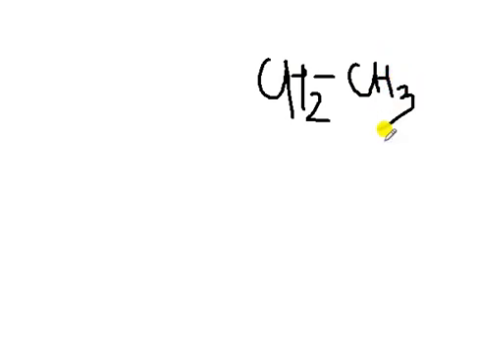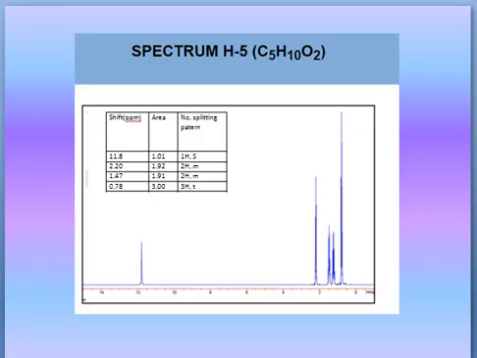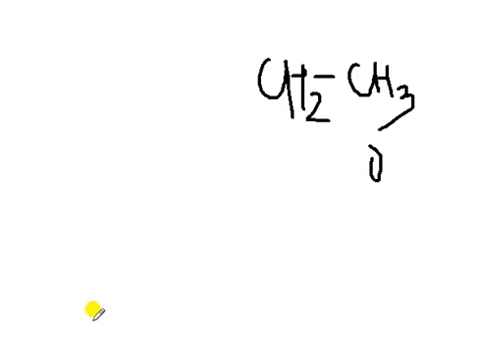The delta value is how much? 0.78. This is 0.78, and it is definitely a triplet due to this.